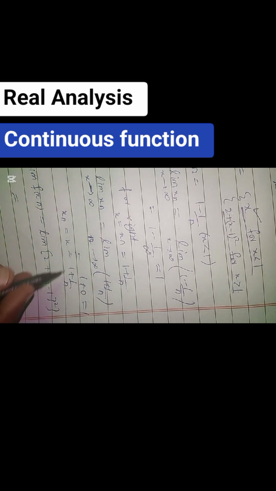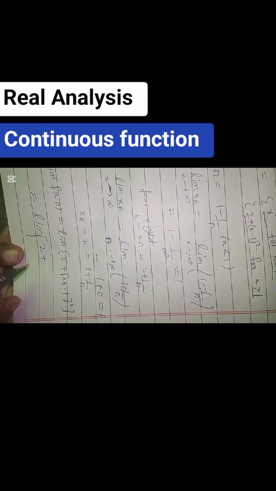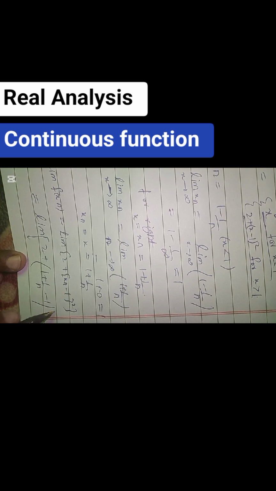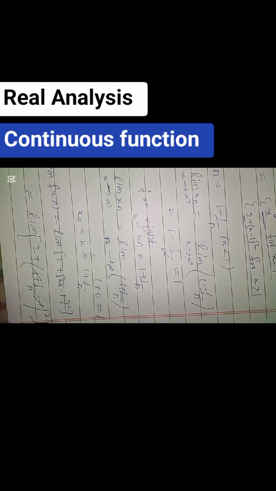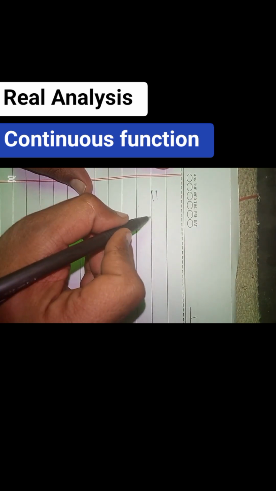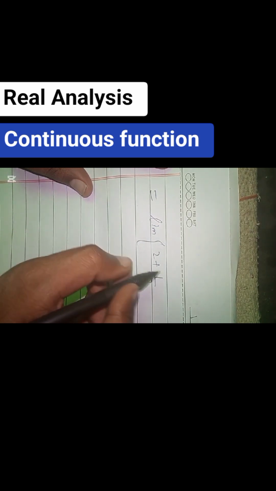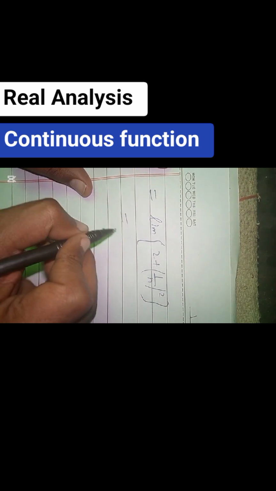If we put xn = 1 + 1/n, this will be the limit of 2 + (1 + 1/n - 1)^2. The 1 cancels with the 1, and the next value will be the limit of 2 + (1/n)^2. This will be 2 + 0, and this will be 2.